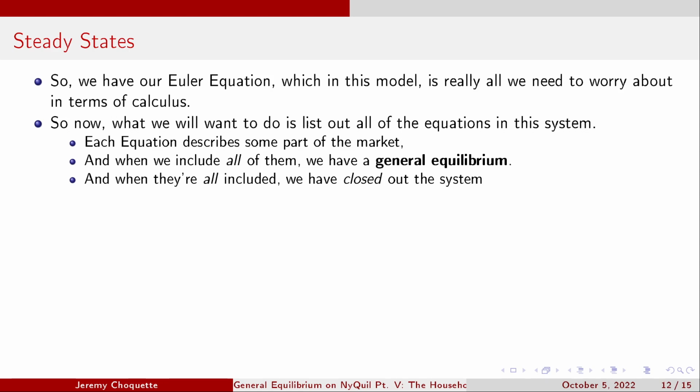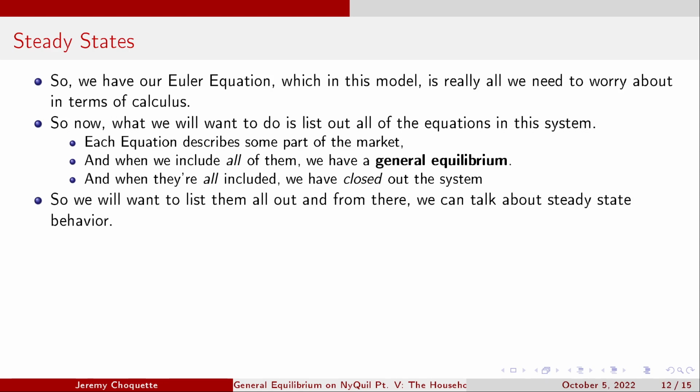When they're all included, we have closed out the system. Why is it closed? Because there's nothing from the outside. No door is left open for new stuff to come in. Everything is closed in the sense that there's no new stuff that can come in because we've controlled for it. You don't want new stuff getting into your house, so you close all the windows. That's what we're doing with this general equilibrium.